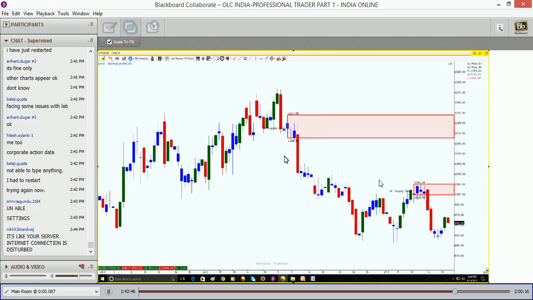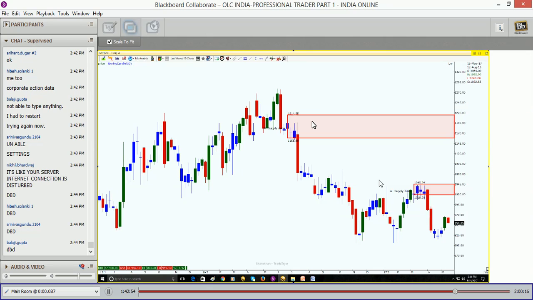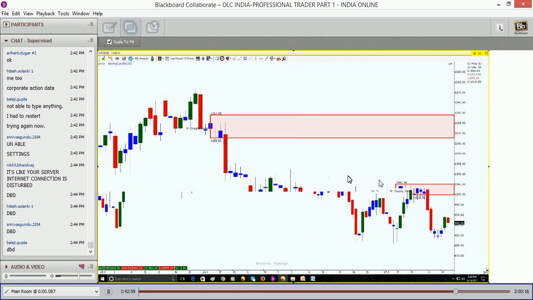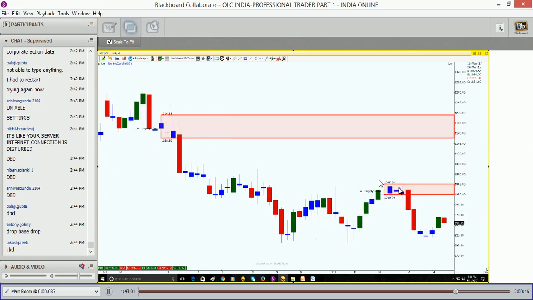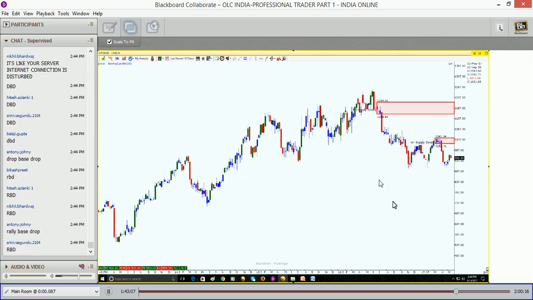What is this formation called? Can anybody tell me? This is called a drop, base, drop. Perfect. What is this called? This formation is called a rally, base, drop.